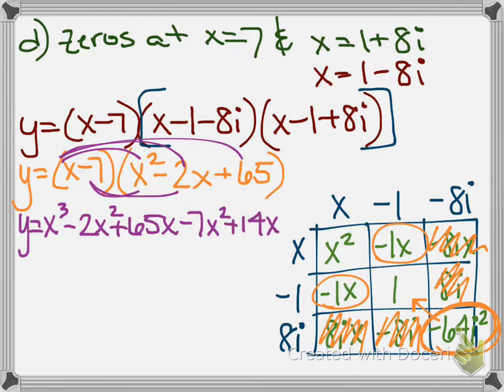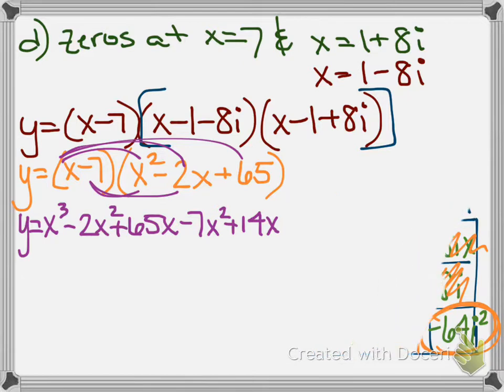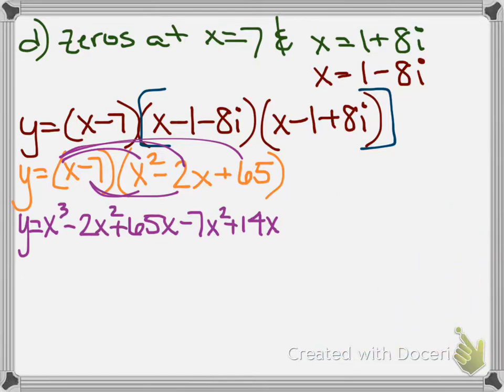And I was trying to do this without having to erase, but that's not going to work. So I'm going to erase. So then I have negative 7 times positive 65, and that's negative 455. Going through to combine our like terms. Nothing like x to the third, so that stays.